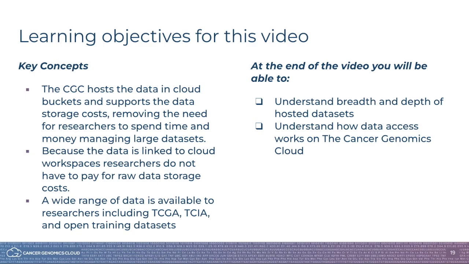Finally, there's a wide range of data available to researchers that includes TCGA, TCIA, as well as other important datasets. At the end of this module, you will be able to understand the depth and breadth of the hosted datasets available to you and understand how data access works in the ecosystem.